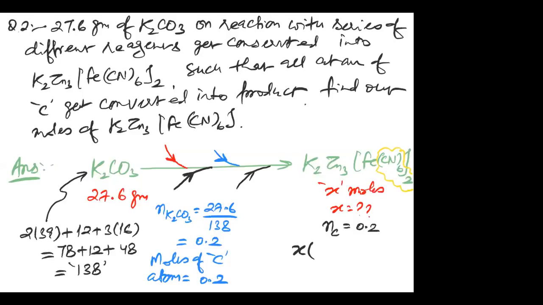So X, which is the number of moles of this complex compound, multiplied by 12 will be the moles of carbon, and this should be equal to 0.2. From here, moles of this complex compound, X, comes out to be 0.2 divided by 12, which is 1 divided by 60 moles.